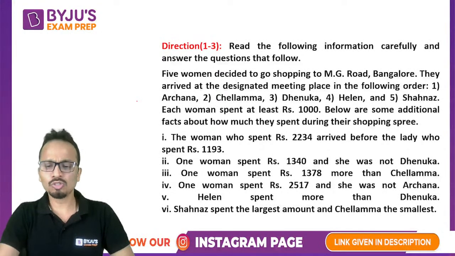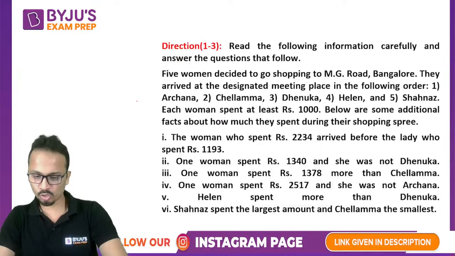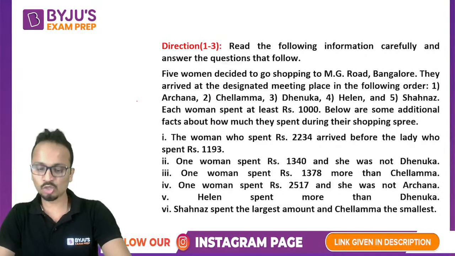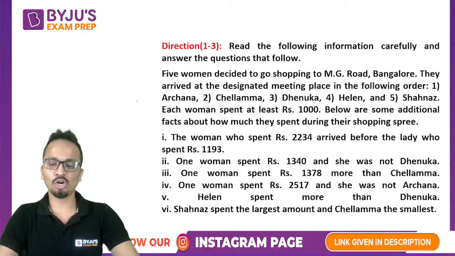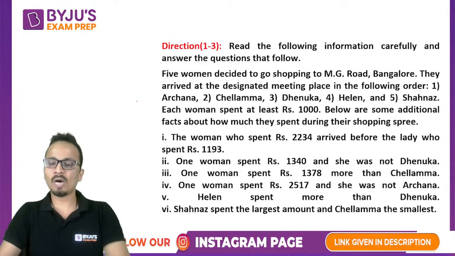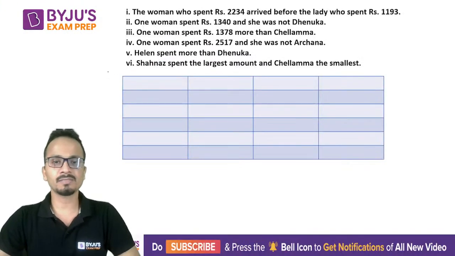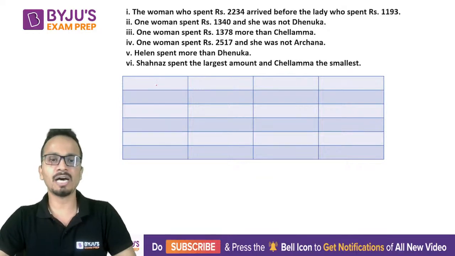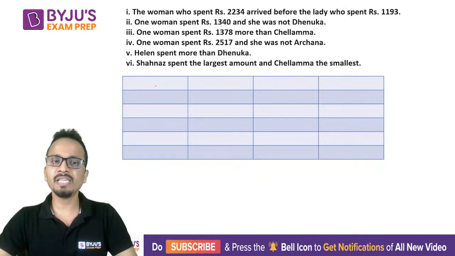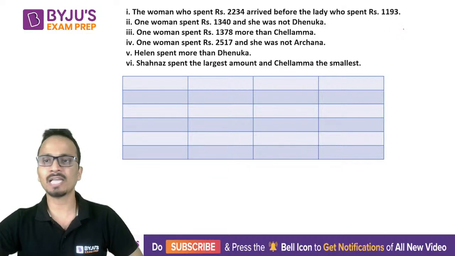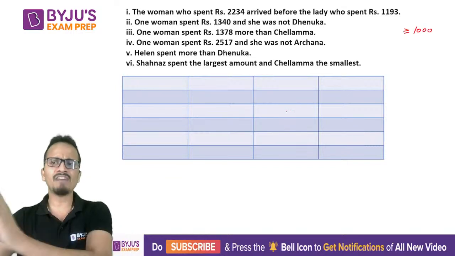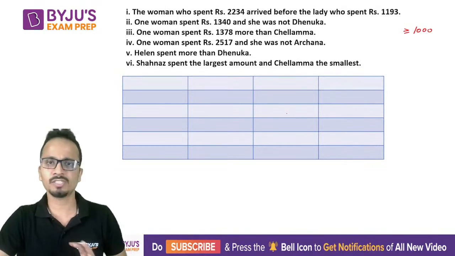To start with, a lot of people are done, so let's see how to handle this set, all of us together. I have made a small table like this, which you can see on your screen now. Since we know that every lady spent at least 1000 rupees, the money that every lady spent should be greater than or equal to 1000. I have mentioned it on the right hand side of the screen.